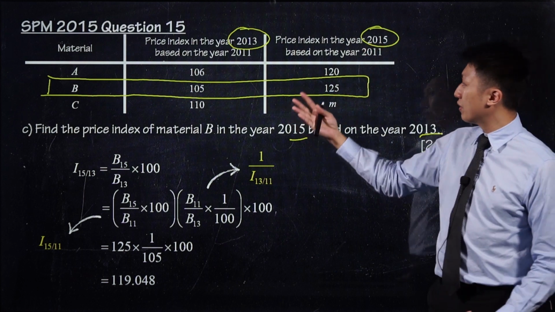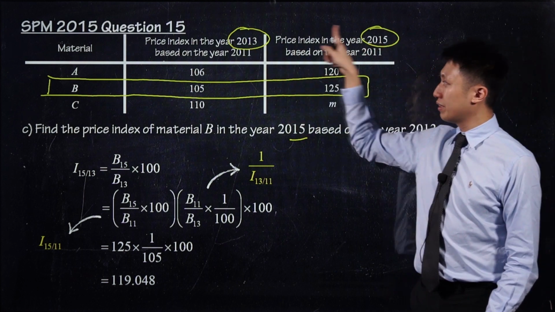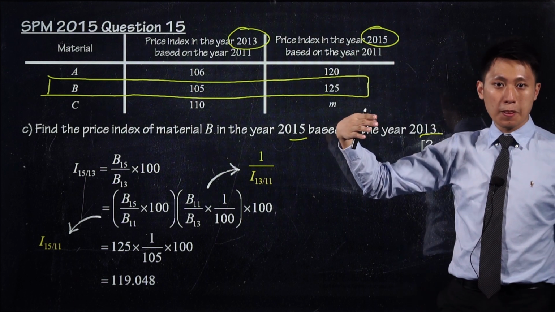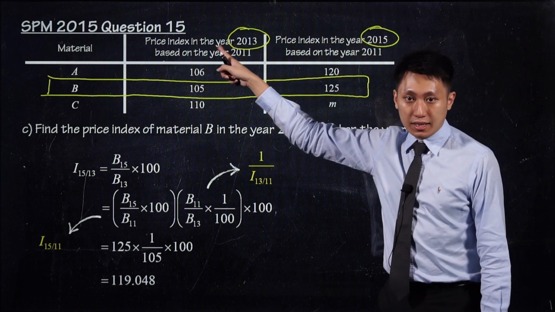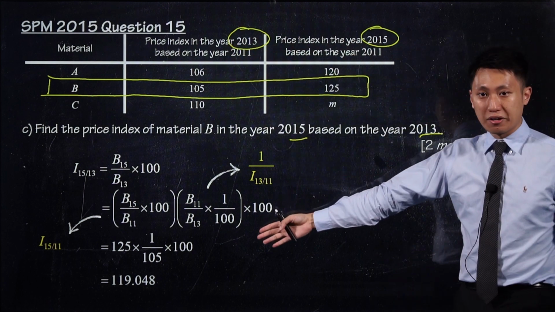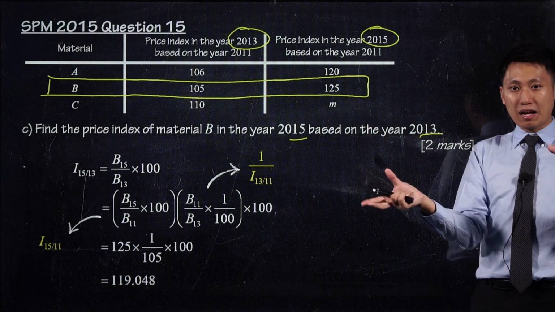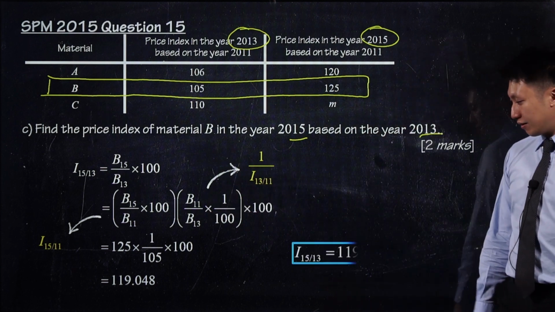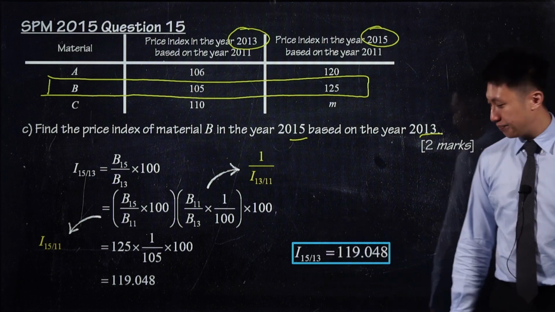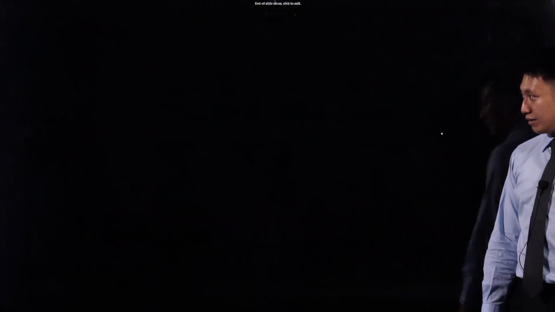Here it's something different: the same base year, different price index year, and you're just going to find I15,13. Then you see what you're going to do. It's always either flip it upside down or just multiply them together. So you get this as the answer. Then we are done.